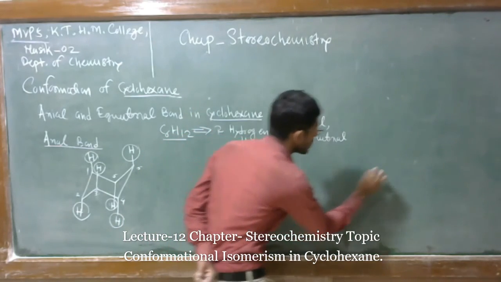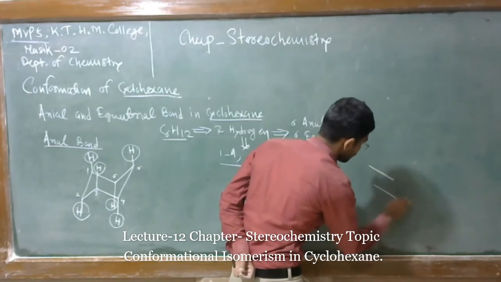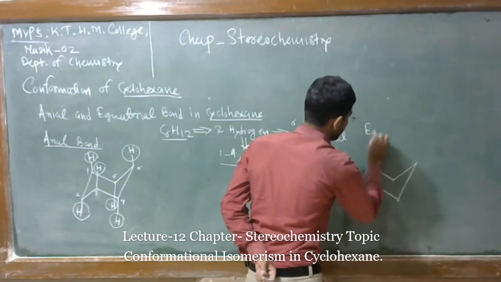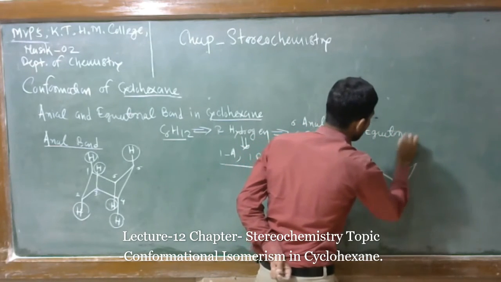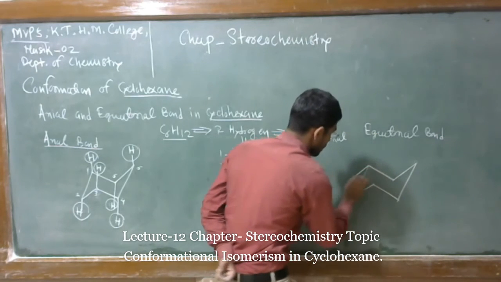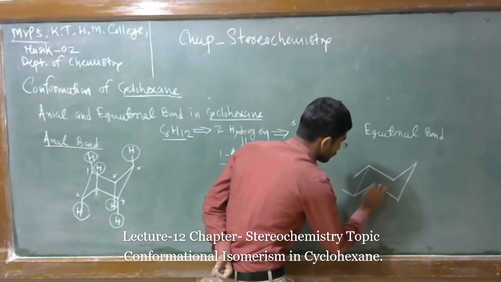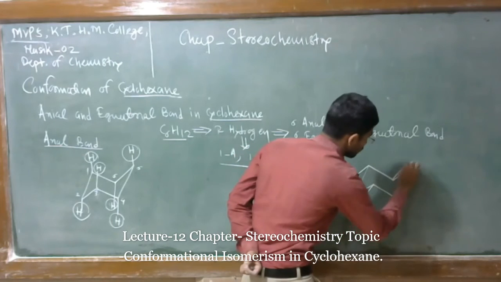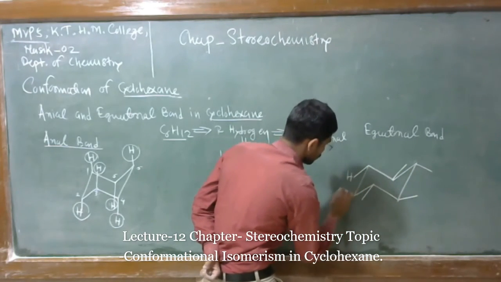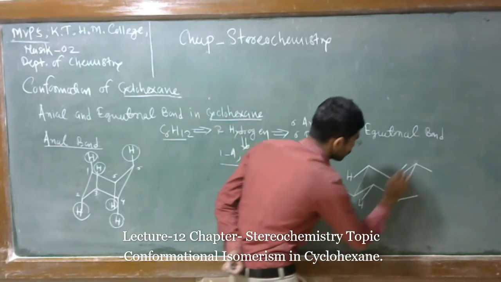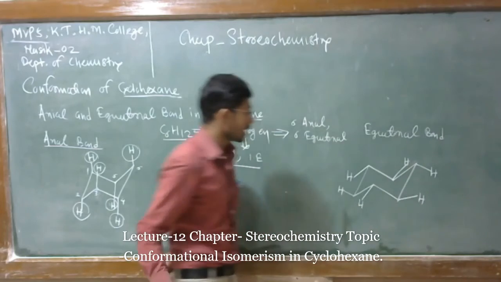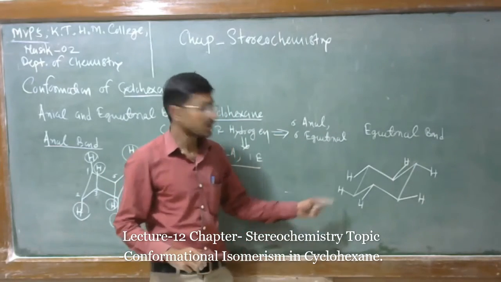When you talk about the equatorial hydrogens or bonds, these are the 6 equatorial bonds.